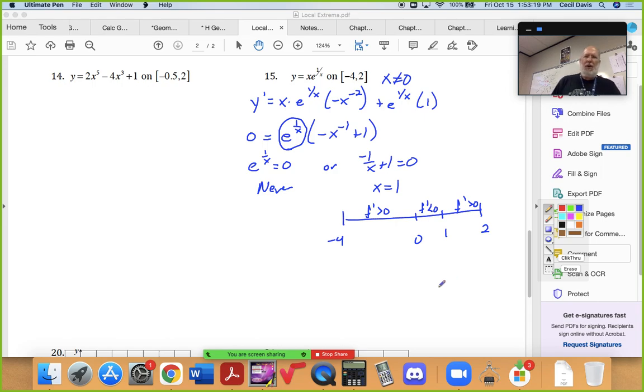Okay, so I'm trying to remember what they asked on this. Was it just find the critical point and then tell whether it's a local maximum, local minimum, or neither? So the only critical point is x equals 1, and that's going to be a local minimum because f prime changes from negative to positive.